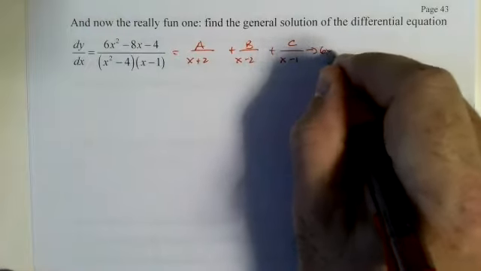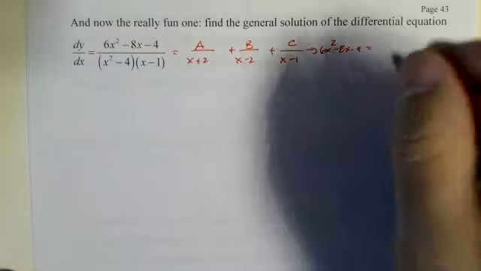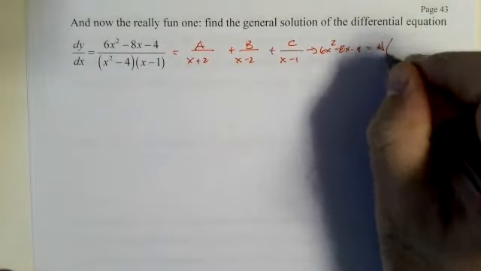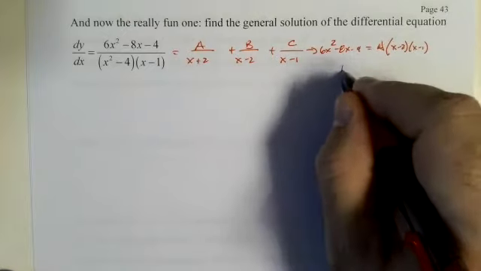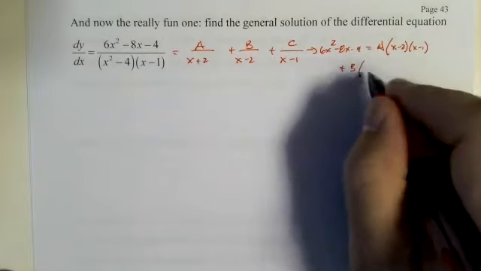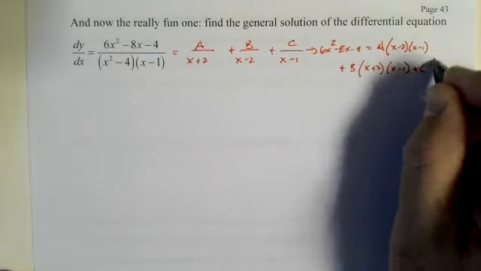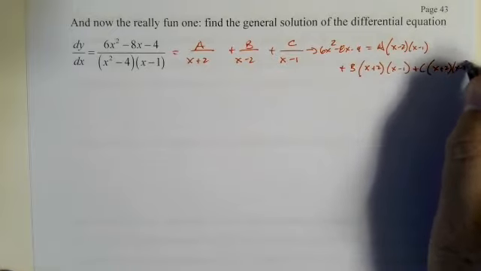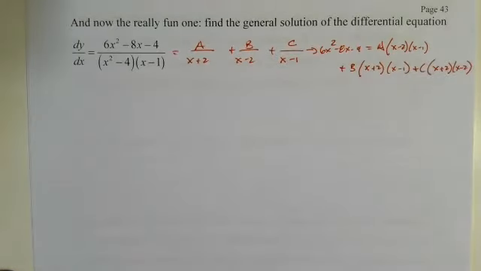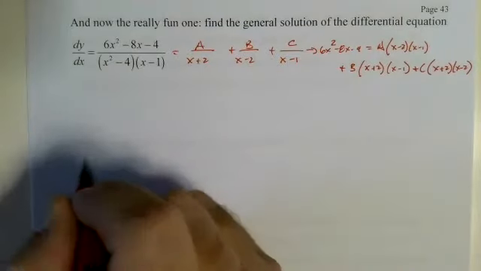So 6x squared minus 8x minus 4 equals a times (x minus 2)(x minus 1) plus b times (x plus 2)(x minus 1) plus c times (x plus 2)(x minus 2). That's hard. All right.